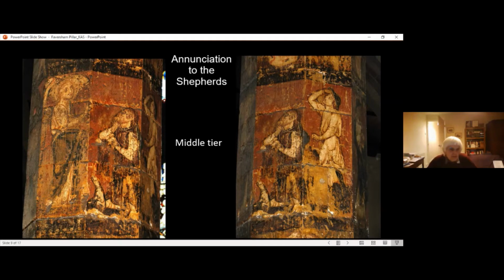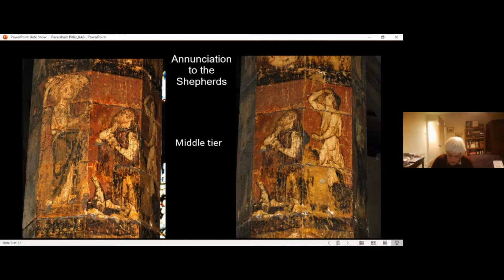The angel, in contrast, if anything, is conventionally looking beyond the shepherds to the presentation of Christ in the temple, which we'll come to in a minute. So I think, again, this is the only time, in a sense, where it's not Christ or the Virgin Mary, but it is the shepherds who are looking.